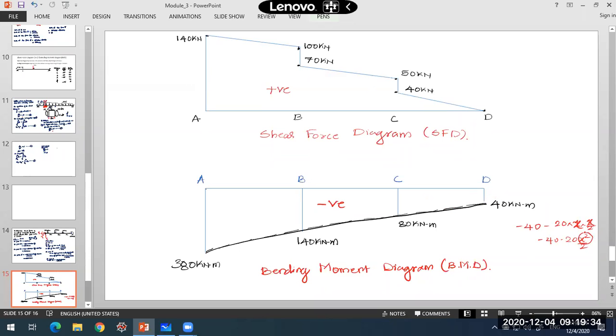So anywhere you take it, when a UDL is present, you will get the bending moment equation in the form of a quadratic equation, x to the power 2. And the shear force will be a linear equation, 20 into x. So anywhere between C and D, it is 20 into the distance.